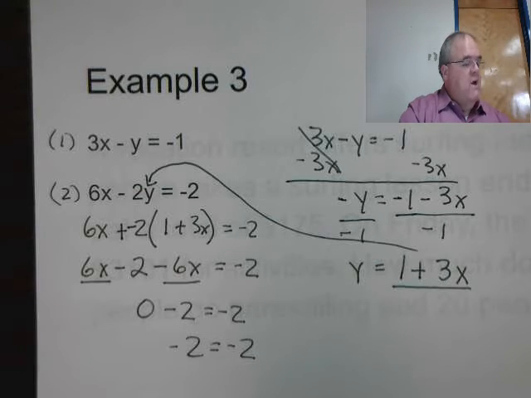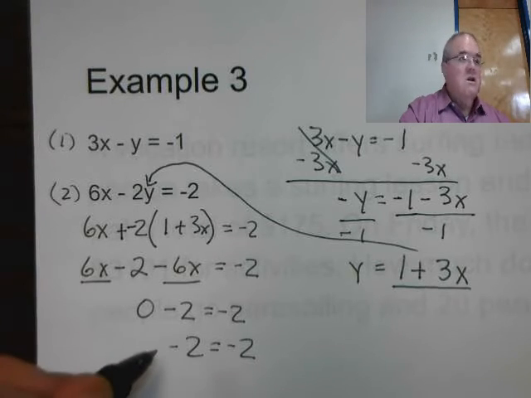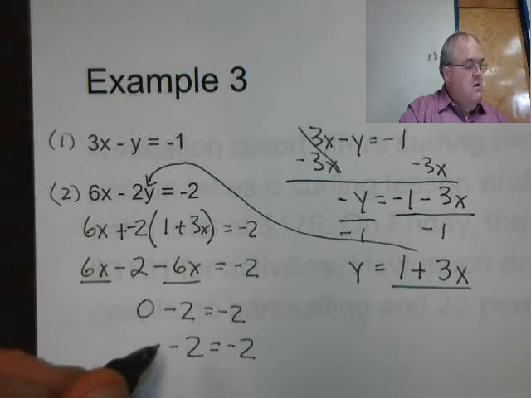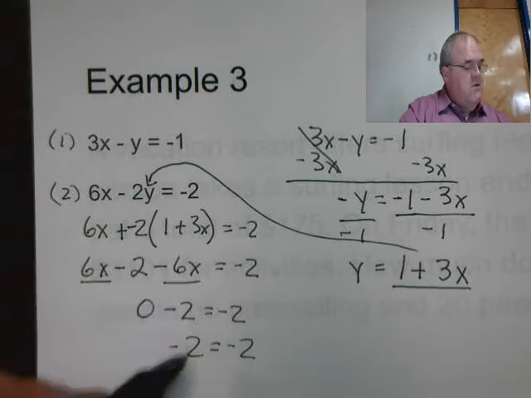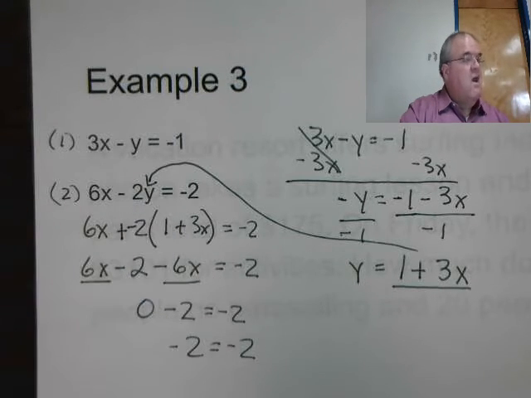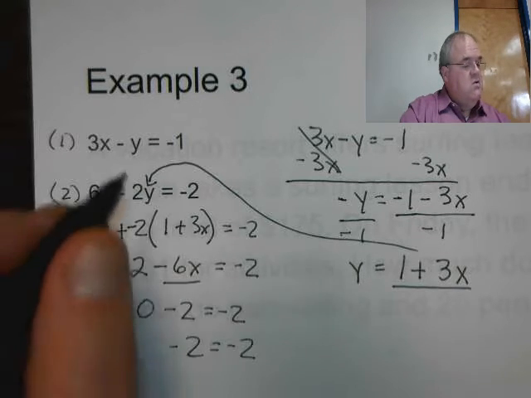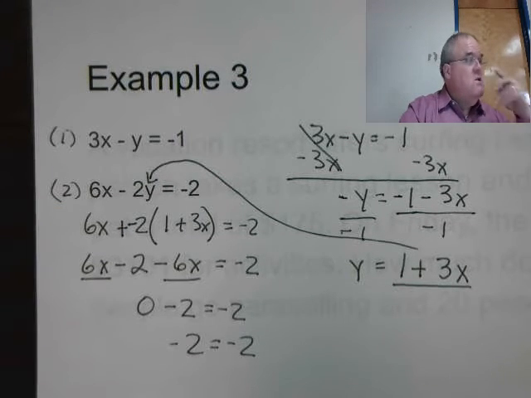Now, when I end up with a situation like this, that means that these two are the same line. So the solution to this equation is not going to be 1x and 1y.